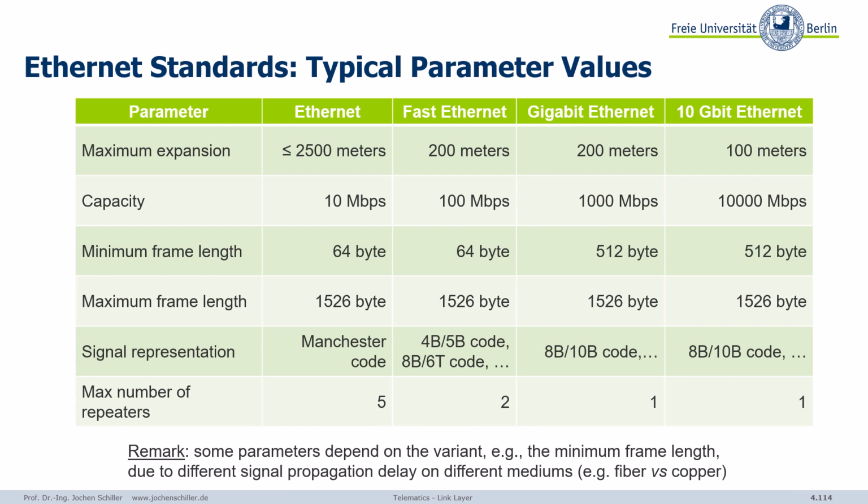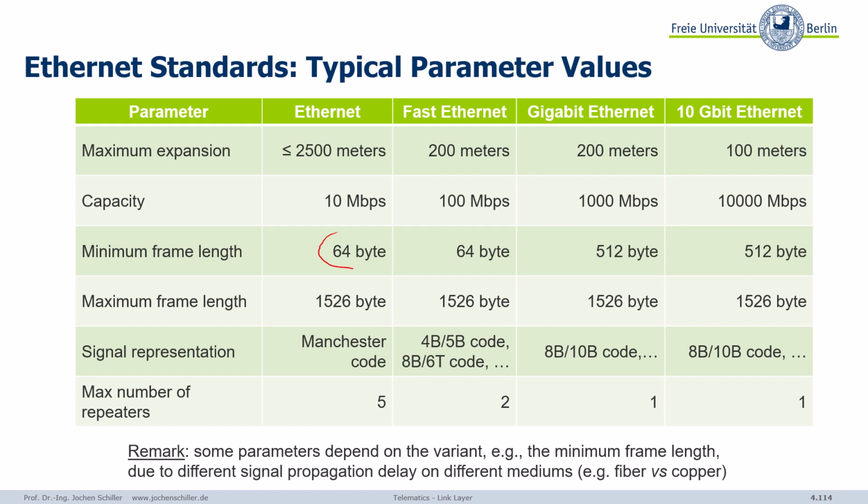So this table comprises different standards, well known, the classical Ethernet, fast Ethernet, gigabit, and 10 gigabit Ethernet. So you see the typical settings for 10,000 megabit per second. And what's quite interesting to see is minimum frame length.